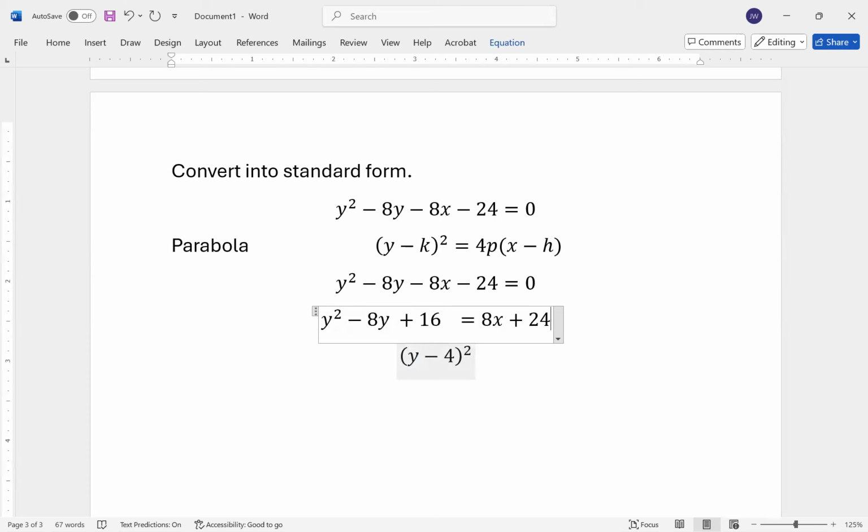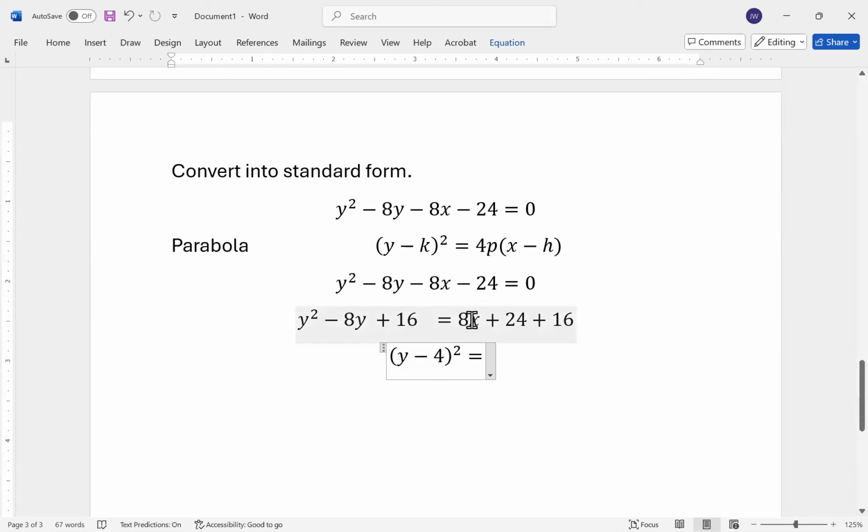And so I can add 16 to both sides to make this equation equivalent to the one below it. So this left-hand side is y minus 4 squared, and the right-hand side is 8x plus 40.